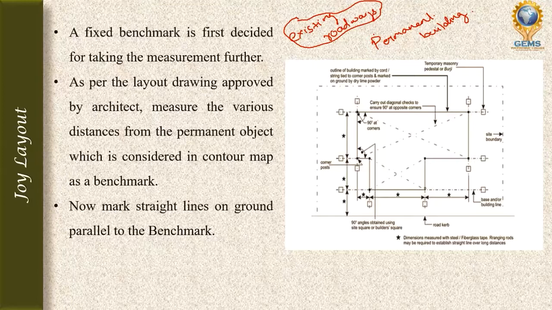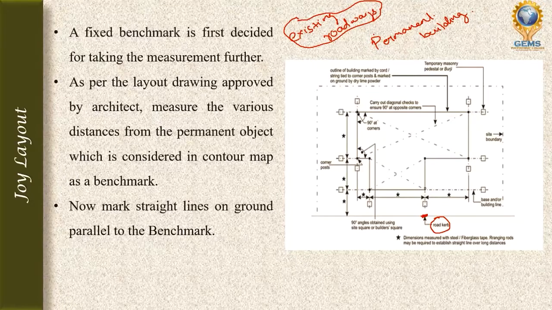So once the benchmark is fixed, then we have to take the various measurements from the benchmark to the site. Assume this is a roadway, road curb means the road end side of the road. From here, this is our road. We are referring to this as our benchmark.